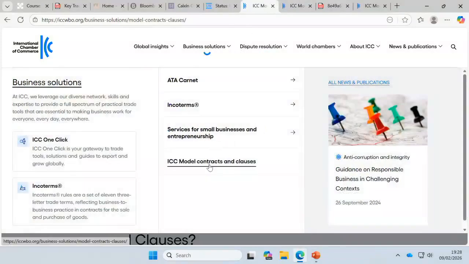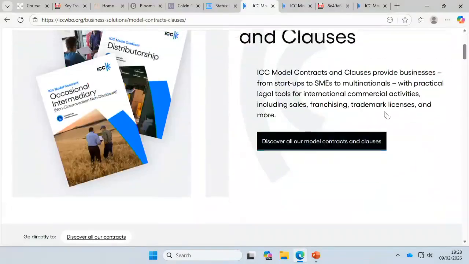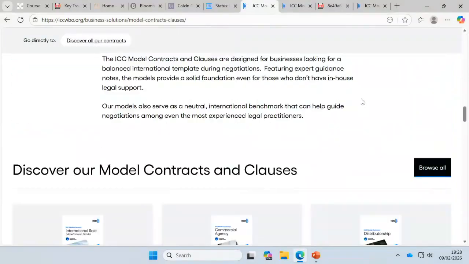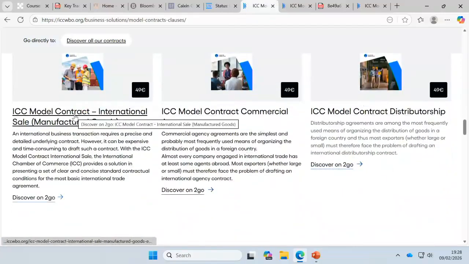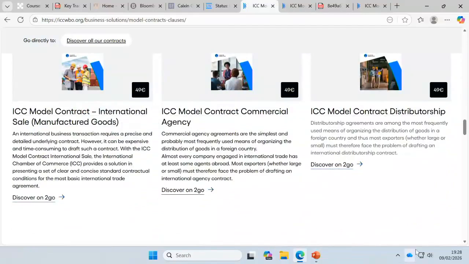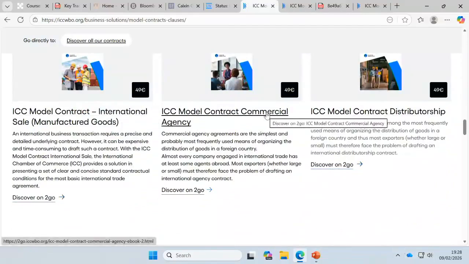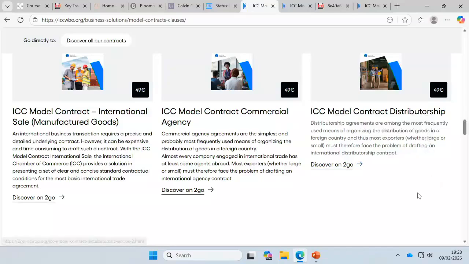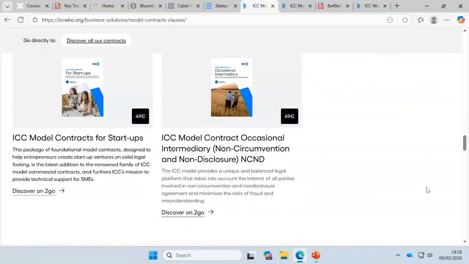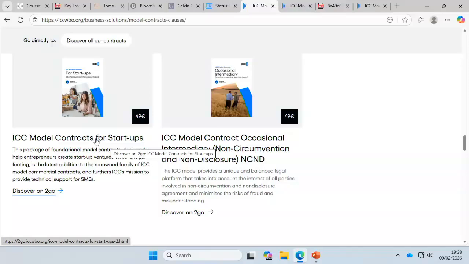In terms of contracts, we'll come across a couple of others. So in addition to the standard sales of goods contract, ICC agency and distributorship contracts are also available and widely used. We also see standard packages for startups. In other words, if you are a small business, the costs of setting up initial contracts can be quite significant.